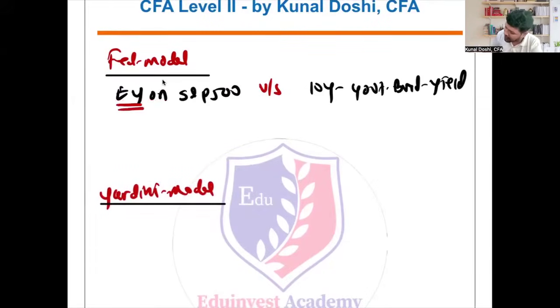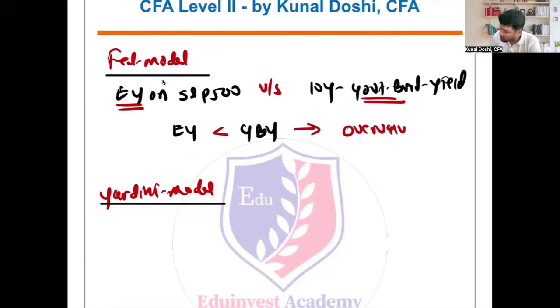Earnings yield and 10-year government bond yield. So if the earnings yield is below the government bond yield, we consider the market is overvalued. It means the equity market is offering lesser yield than the bonds. So equity market is overpriced. So when the earnings yields are low, we say the equity market is overvalued. This is very famous. That is the Fed model.